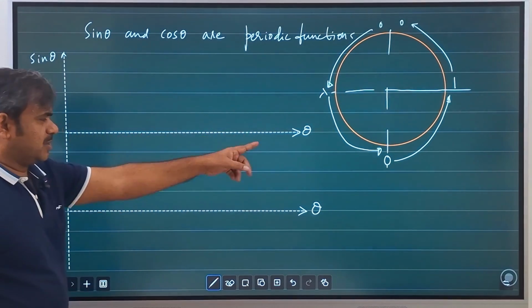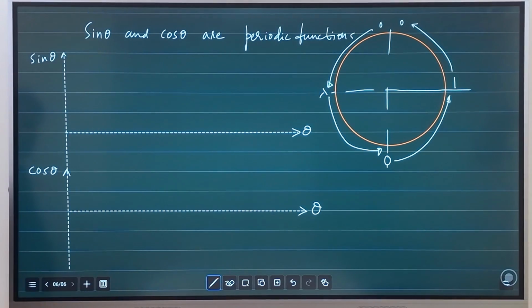So I'll draw sine theta versus theta graph here and cos theta versus theta graph here.